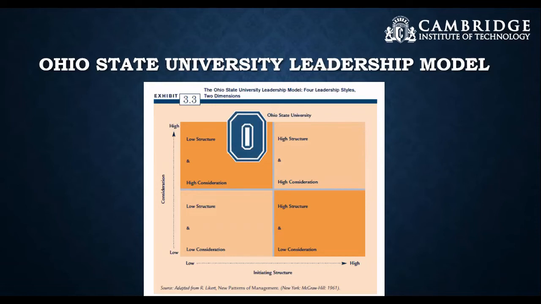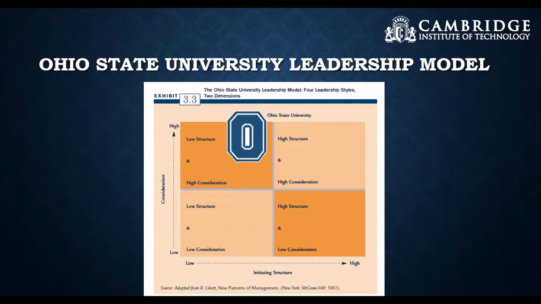So these two dimensions are considered to identify four quadrants, and depending on the style that the leader has, either he focuses on the job or he focuses on the relationship.